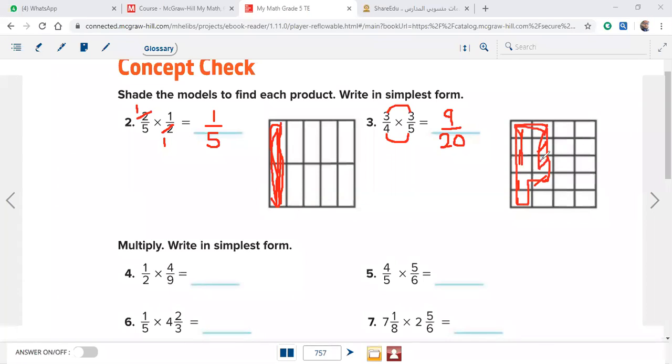Only this area I will shade it, 9 out of 20. Okay. Any question in number 2 and 3?